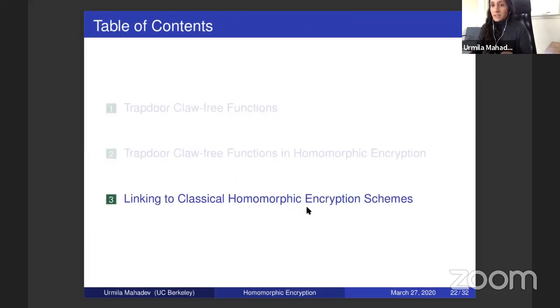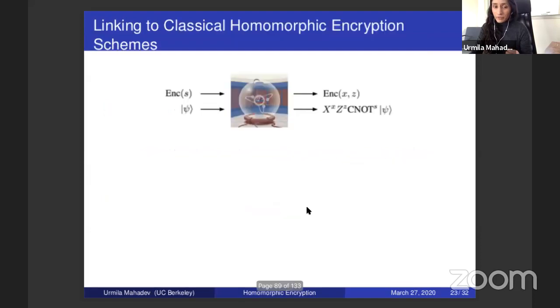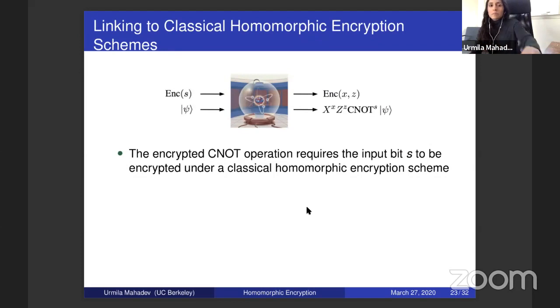But now the next step is to link back to classical homomorphic encryption schemes. If you remember in this picture, the reason that this bit is encrypted is because the server had these parallel classical and quantum computations where he had these homomorphically encrypted one-time pad keys, and he was updating them, and he eventually had to apply a quantum operation dependent on these keys.